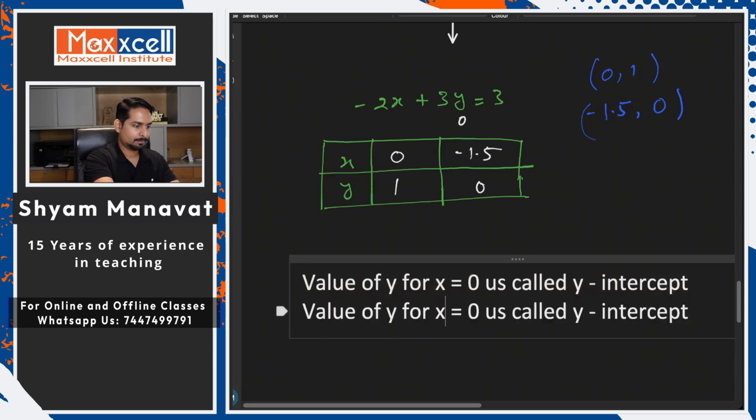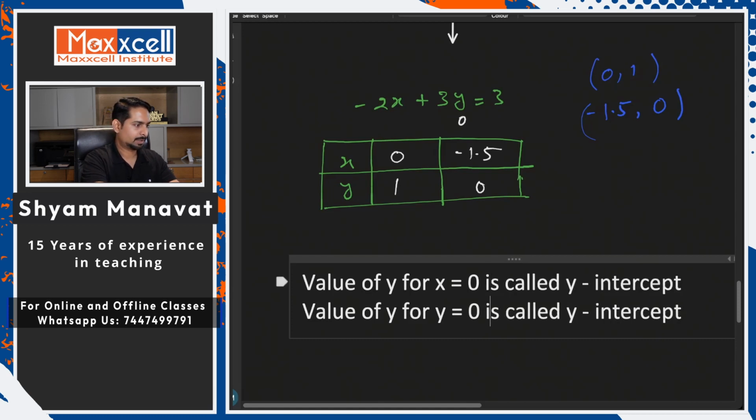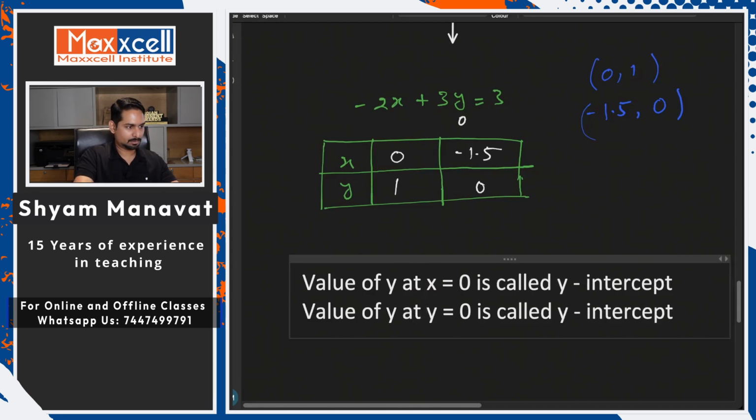The value of y at x equal to 0 is called the y-intercept. The value of x at y equal to 0 is called the x-intercept, right?